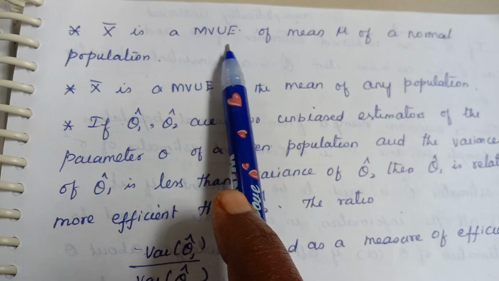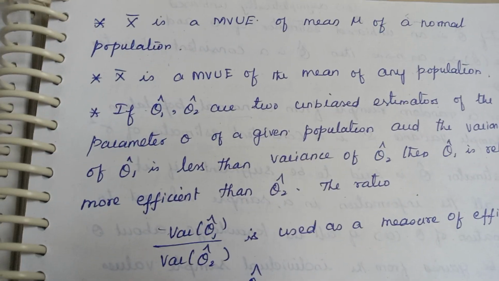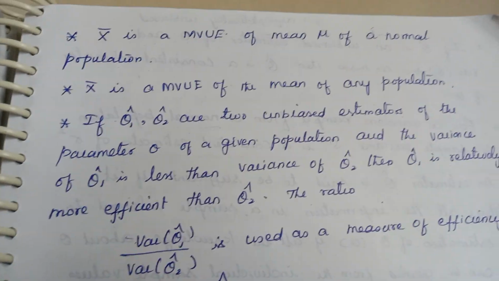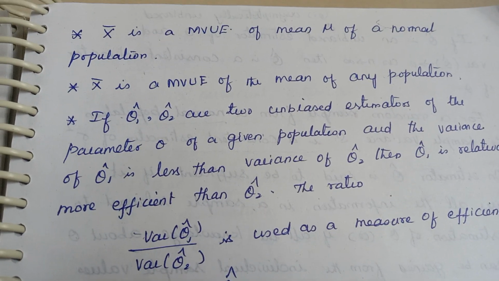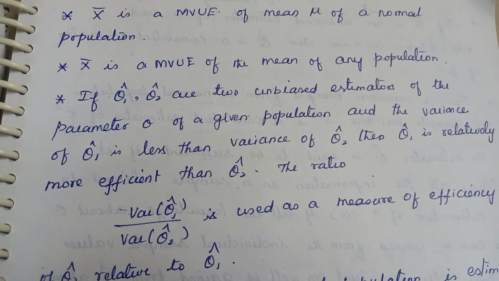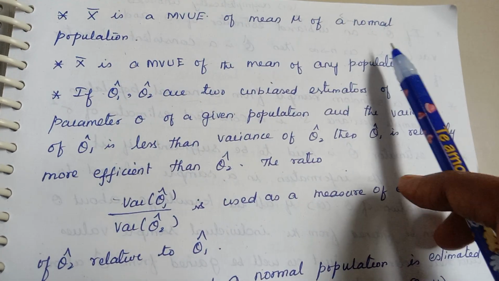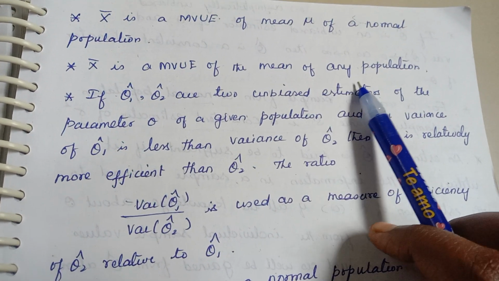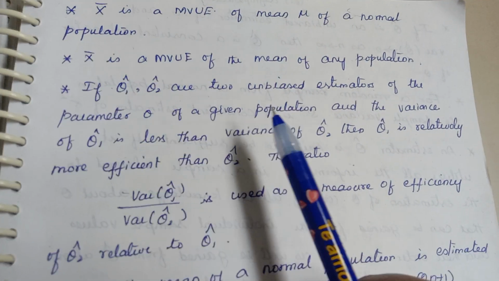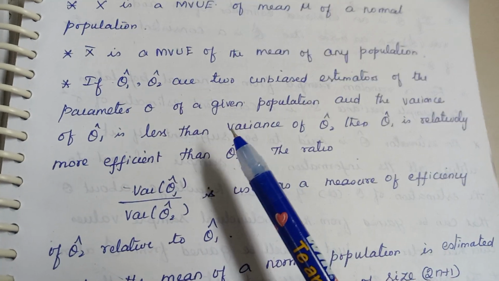Next one. MVUE means minimum variance unbiased estimator. X bar is a minimum variance unbiased estimator of mu of a normal population. That is, if you have a normal distribution, then the sample mean is a minimum variance unbiased estimator for mean mu. Then x bar is a minimum variance unbiased estimator of the mean of any population. Here first I have stated it for a normal population, then for any population.